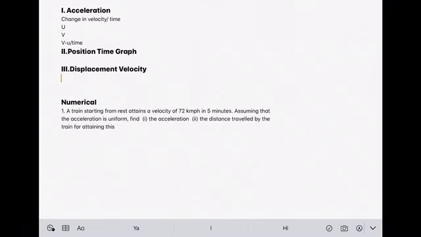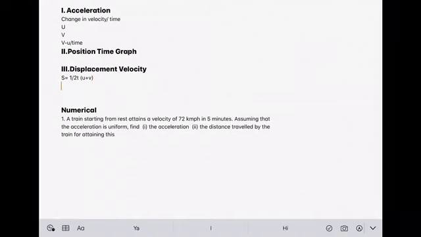The third and final equation is the displacement velocity equation. Now, as we know, S equals to half t into bracket u plus v bracket close, and v equals to u plus at.